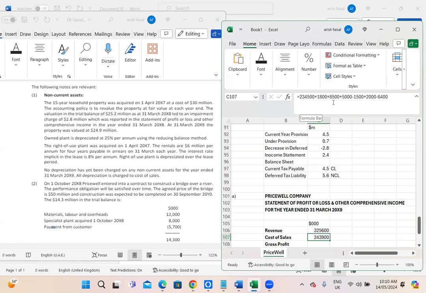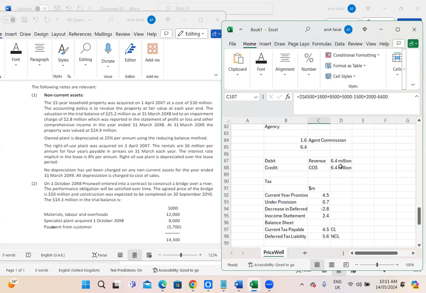Then 8500 was the depreciation for the owned plant. 5,000 was the amortization for the right to use the asset. 1,500 is for the reversal of impairment. 2,000 was the depreciation for the plant.